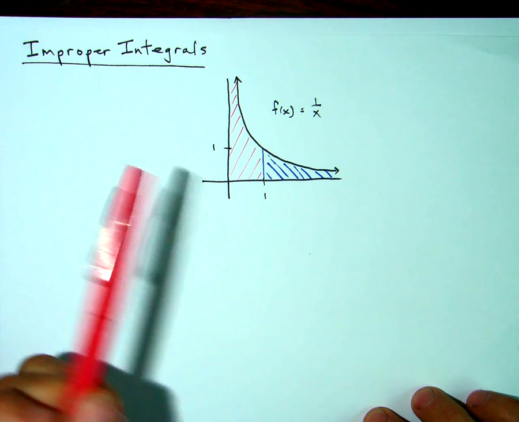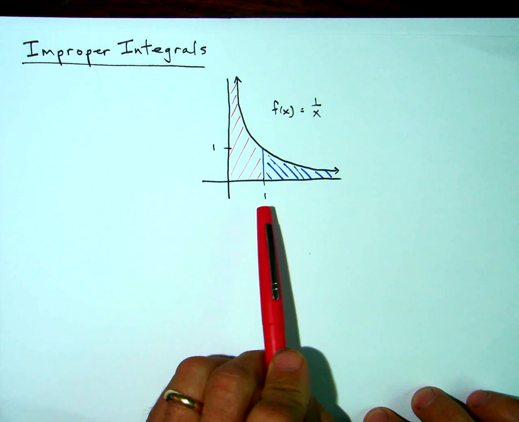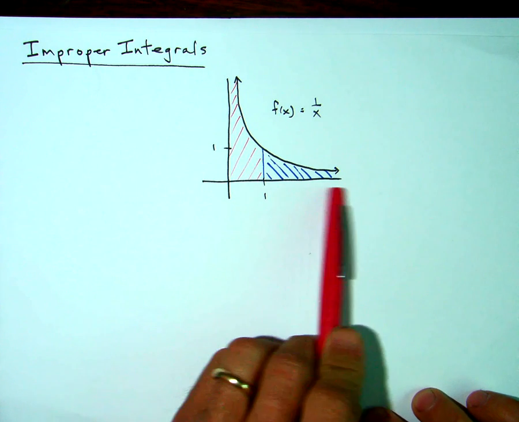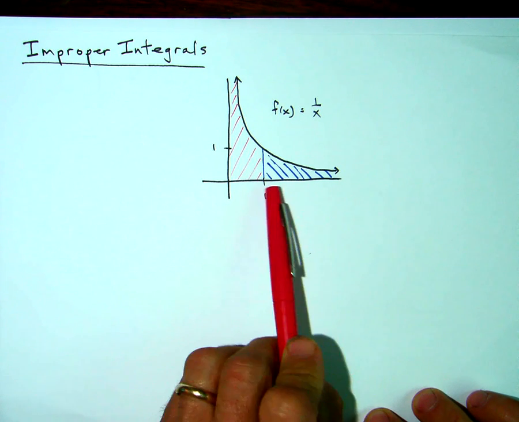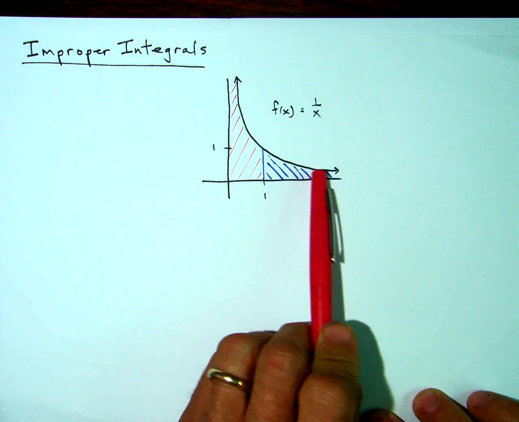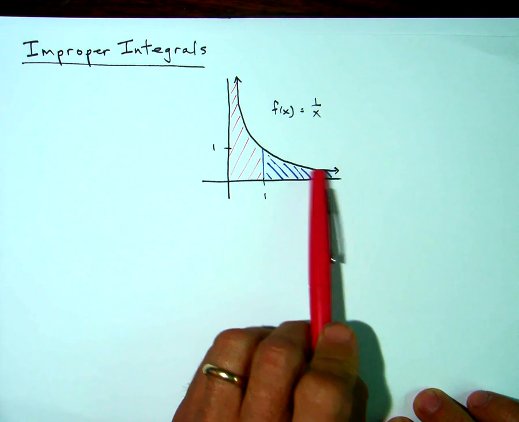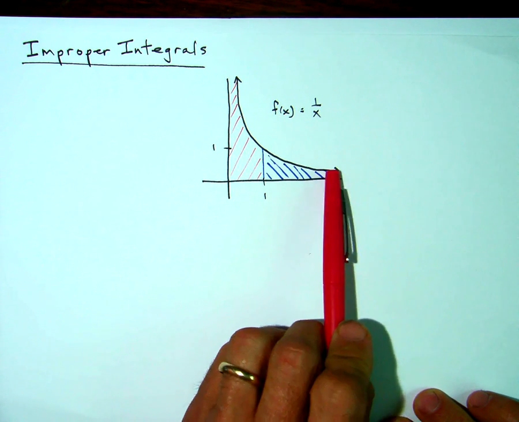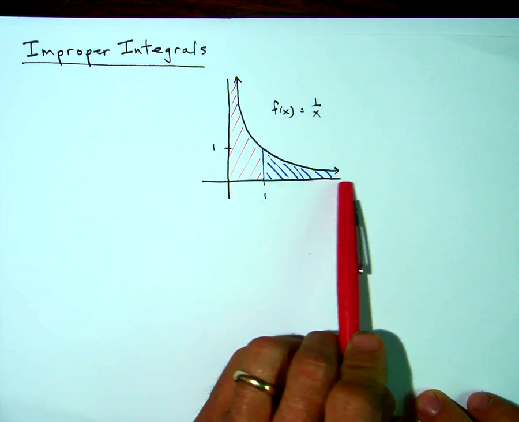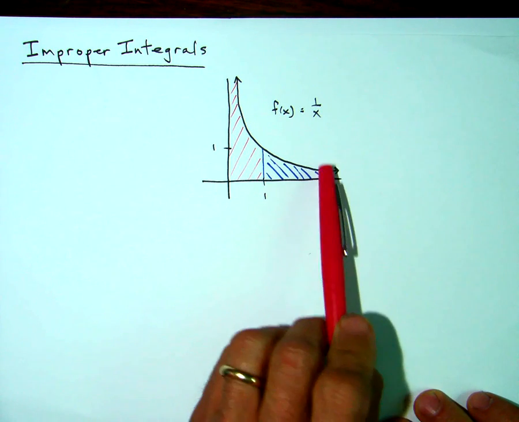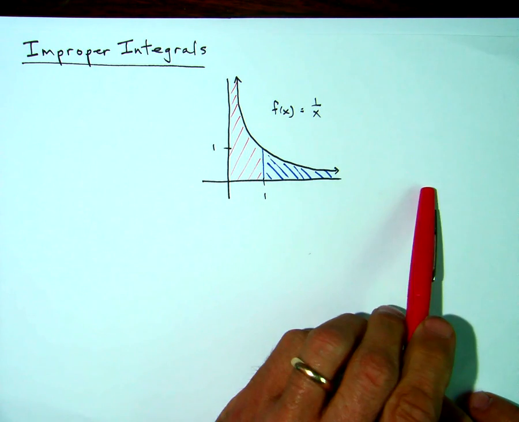And likewise, if we look at the blue area, if we started at 1 and went to infinity, then again, 1 over x never actually reaches 0, though the limit is 0, so they don't intersect. There's going to be this open space between the function and the x-axis.